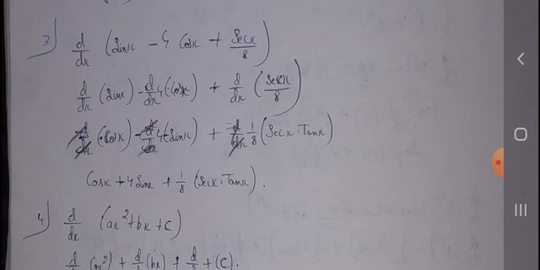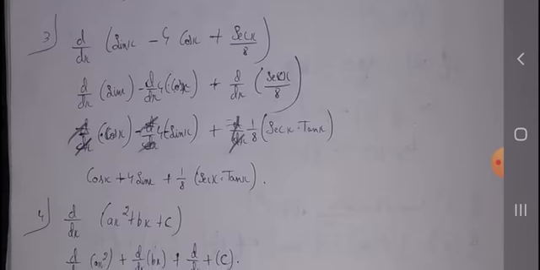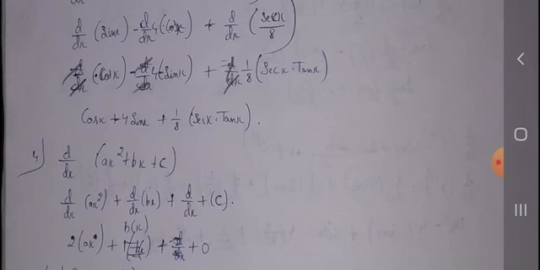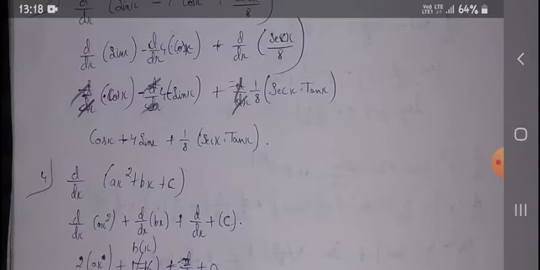And what you have next is sin x is cos x, and cos x is minus sin x, so minus 4 into minus sin x. Secant x derivative is secant x into tan x, that is the formula you have to apply. So therefore cos x plus 4 sin x plus 1 by 8 secant x into tan x.